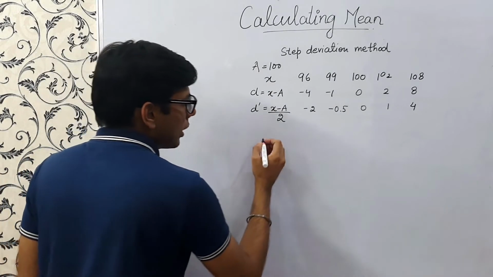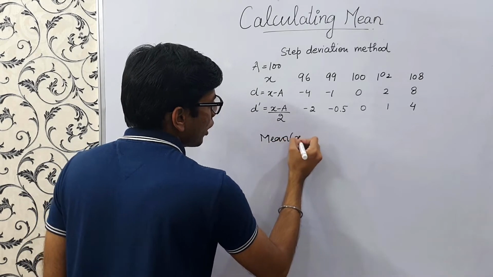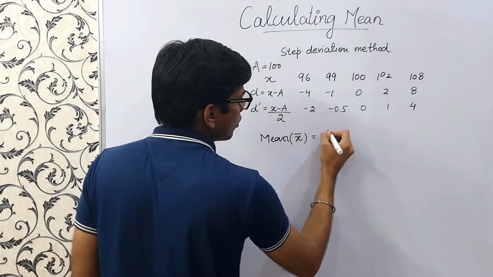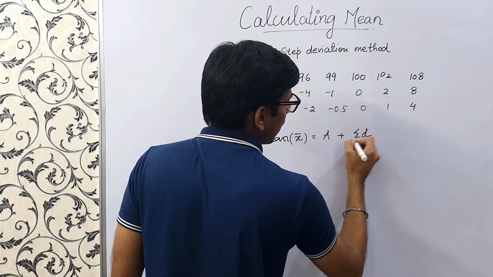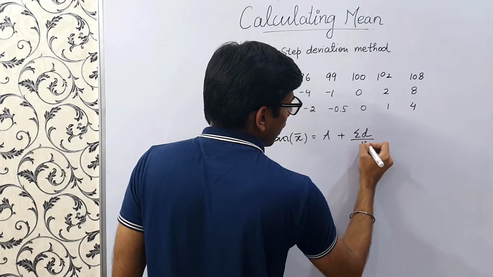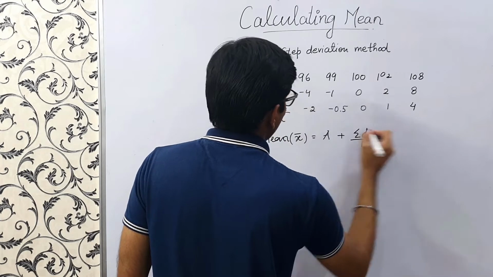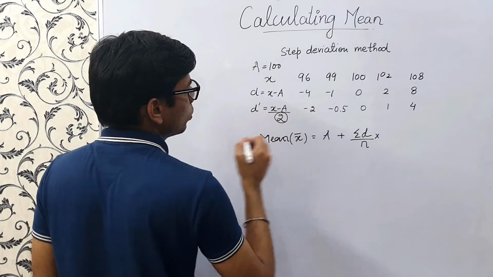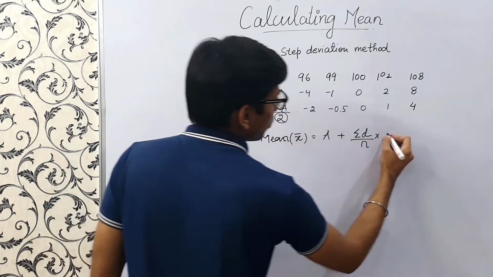So the method says that mean x bar equals our assumed mean a plus summation d by n into our constant, suppose we call it h, into h.